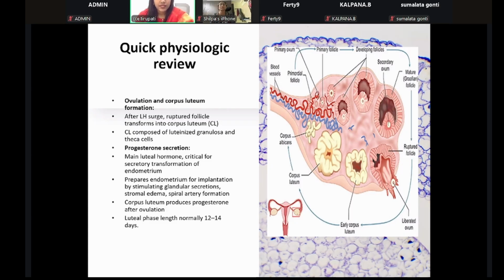In the proliferative phase, the endometrium is proliferative; after the secretion of progesterone, it becomes secretory. Progesterone prepares the endometrium for implantation by stimulating glandular secretions, stromal edema, and spiral artery formation. The normal length of the luteal phase is 12 to 14 days.